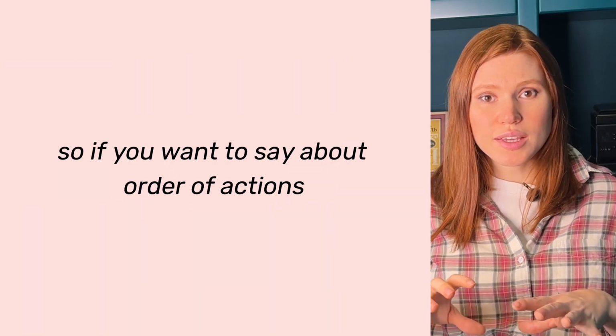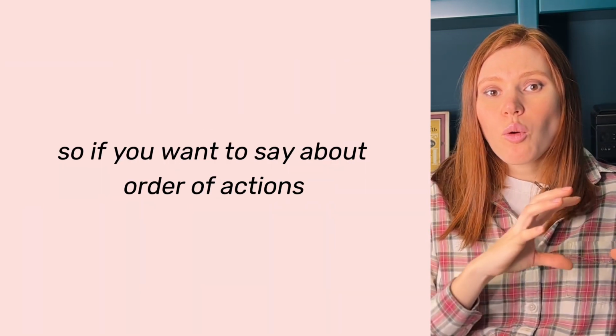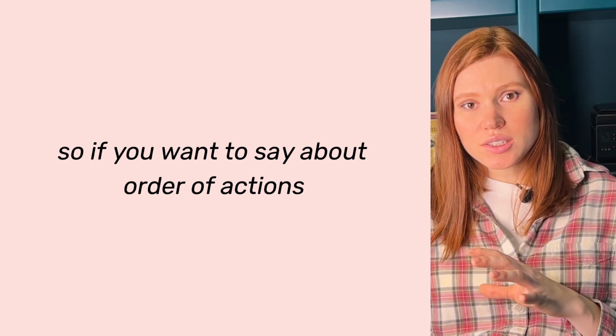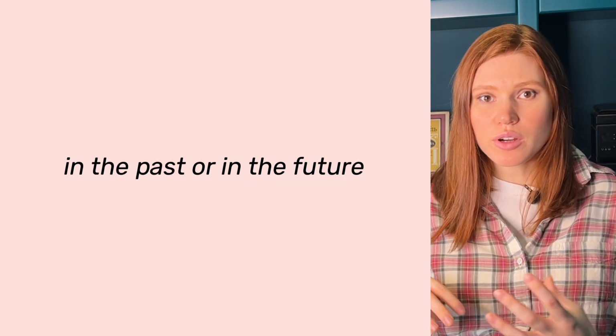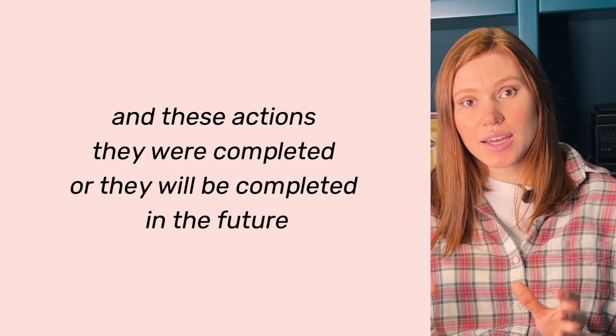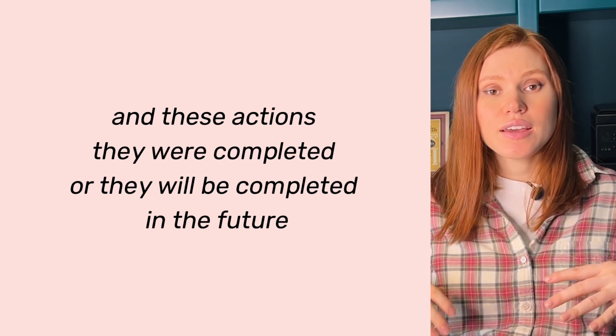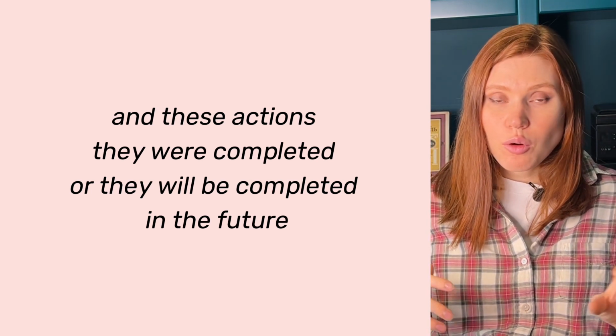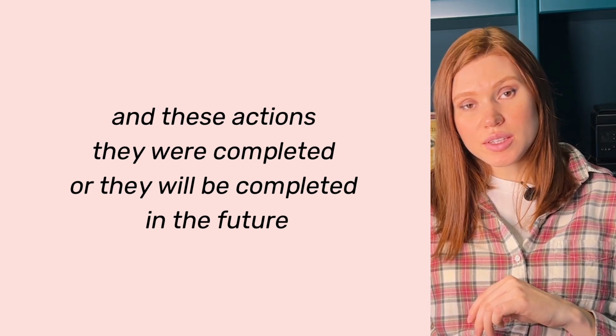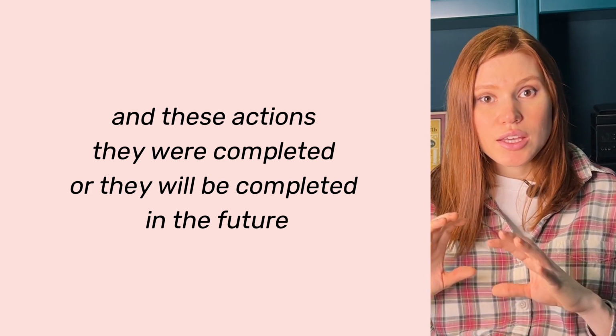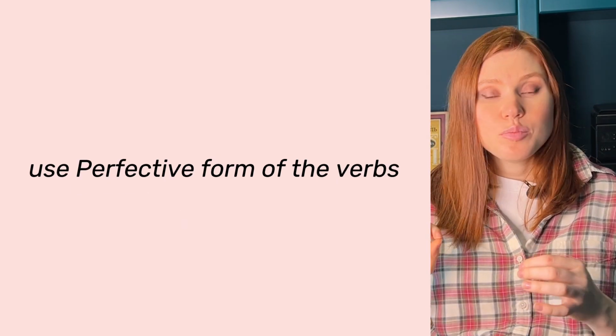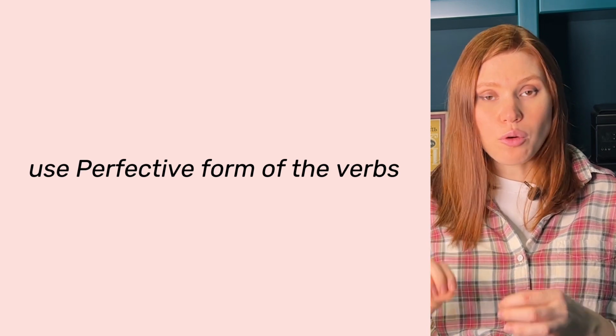So if you want to say about order of actions in the past or in the future, and these actions were completed or they will be completed in the future, you use perfective form of the verbs.